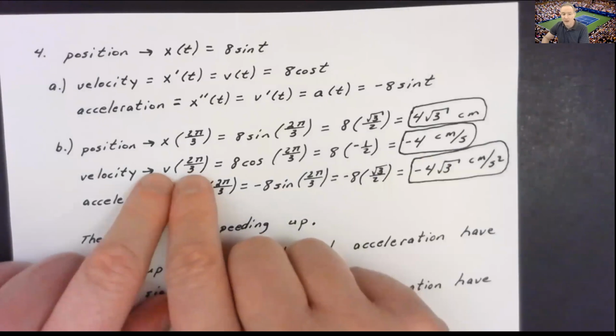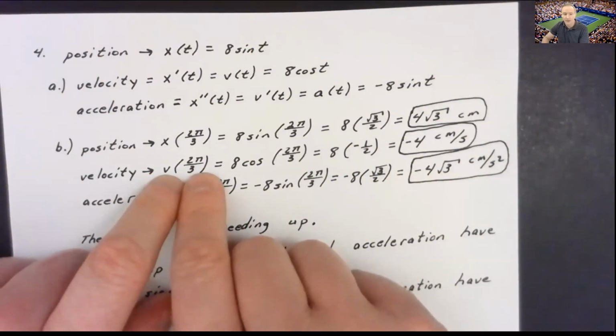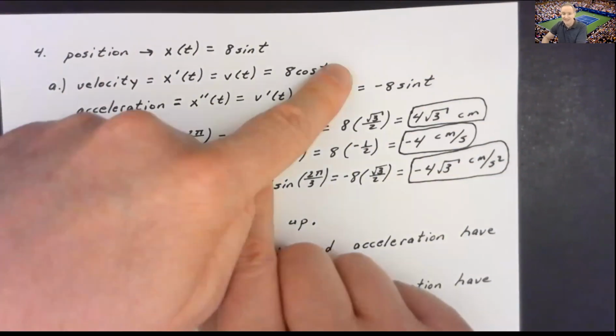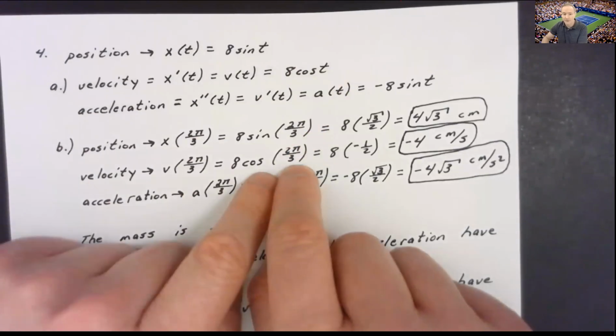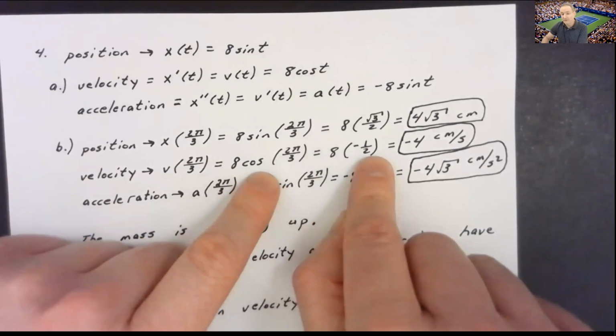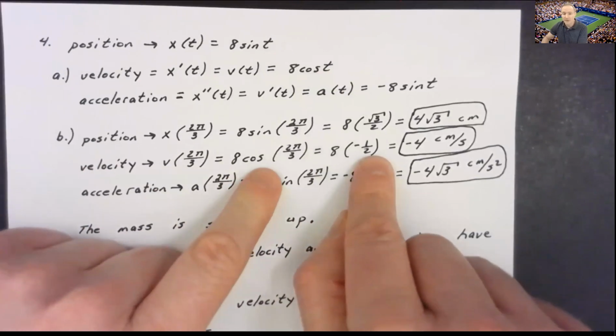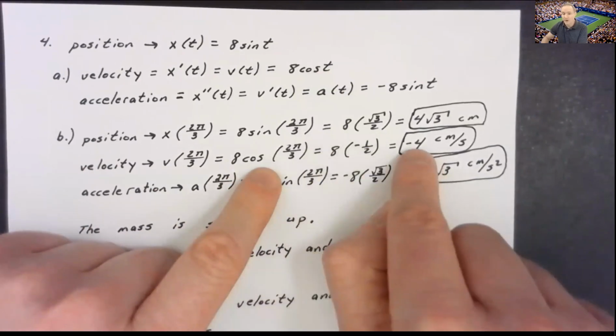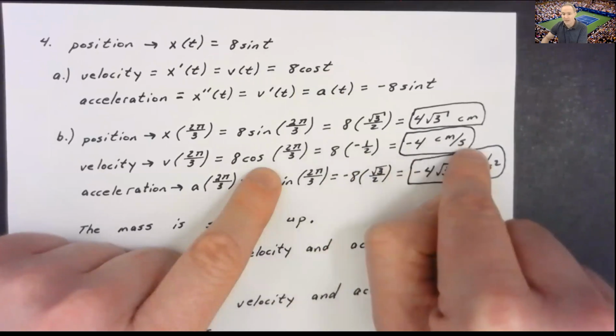When I go to my velocity function and evaluate it at 2 pi over 3, I get 8 times the cosine of 2 pi over 3. Well, the cosine at 2 pi over 3 is -1/2. This tells me that my spring is going inward at a rate of 4 centimeters per second.